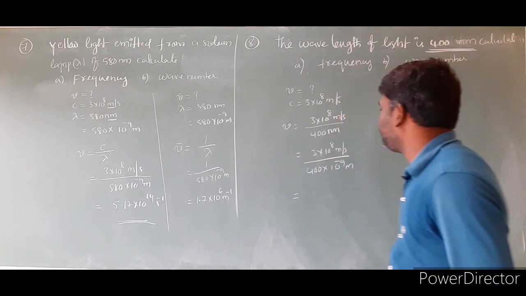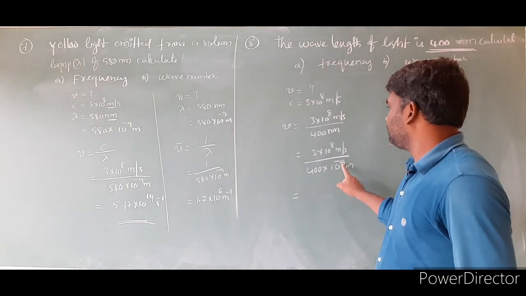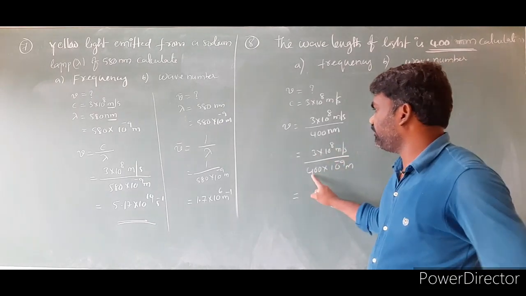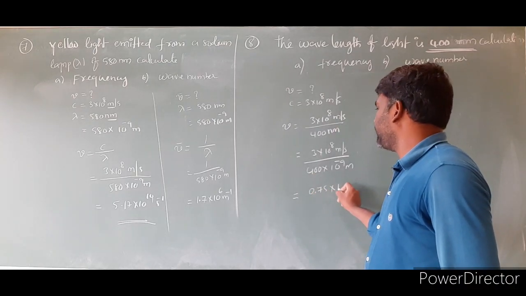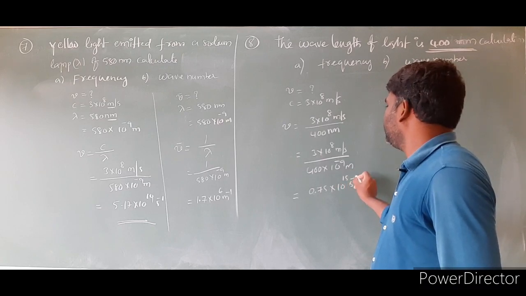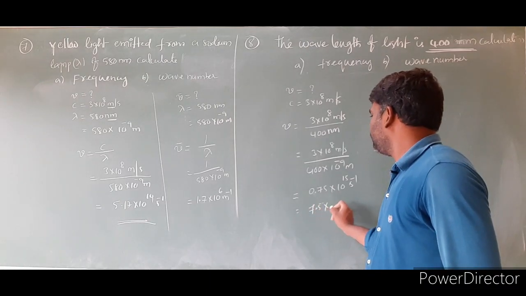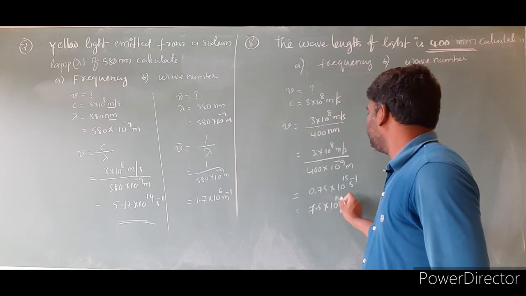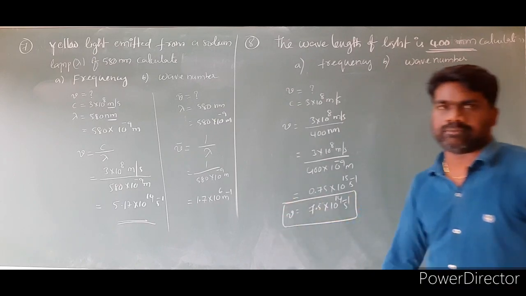Upon simplification, 2 zeros cancel, 10 power 7 transposed to the numerator, 10 power 15, 3 by 4. 3 by 4 is 0.75. So 0.75 into 10 power 15 second inverse. Then, sorry, this is 7.5 into 10 power 14 second inverse. So this is nu.